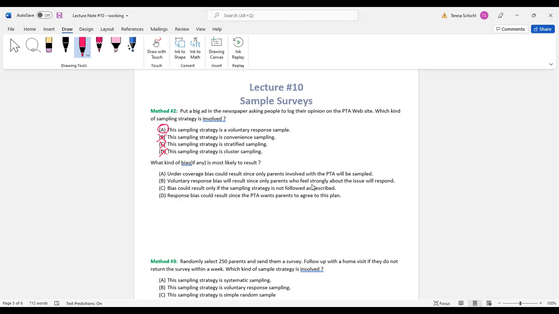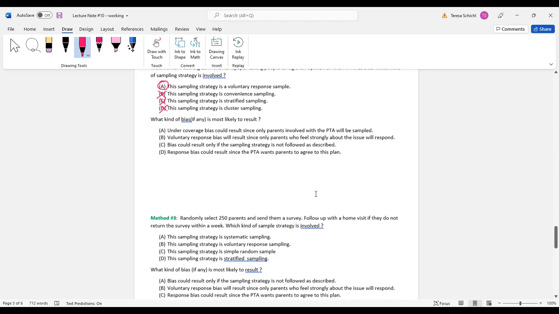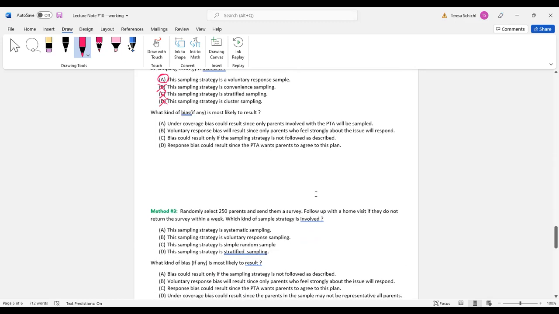Because of the volunteers, what type of bias is there? People who log on to the PTA website to give their opinion probably have a strong opinion about the policies. So the problem is volunteer response bias: it will result since parents who feel strongly will probably respond, right?